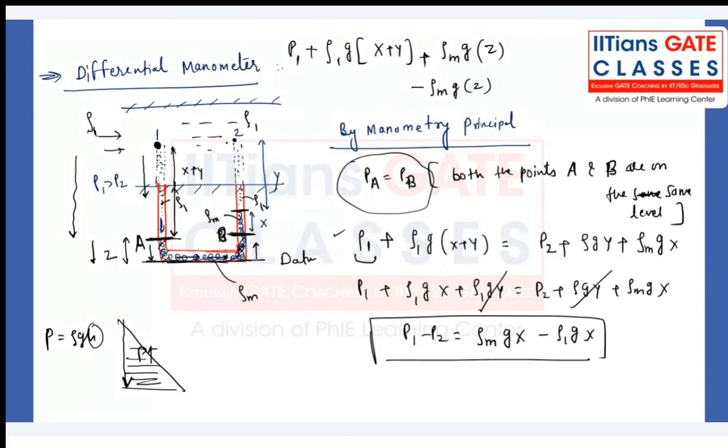By rho m g into z amount it has to decrease. Further, we are moving in the upward direction. Rho m into g into what? X. Further, we are moving in the upward direction, my dear friend. What is coming? Okay, this rho 1 is coming. So I will write rho 1 g into y. And that is equal to P2. Check it out.